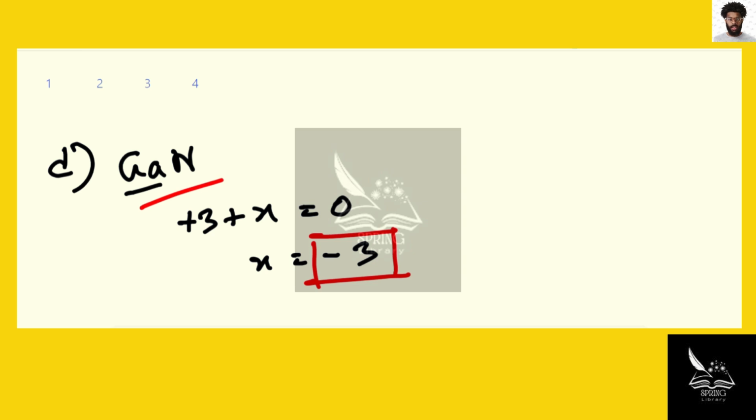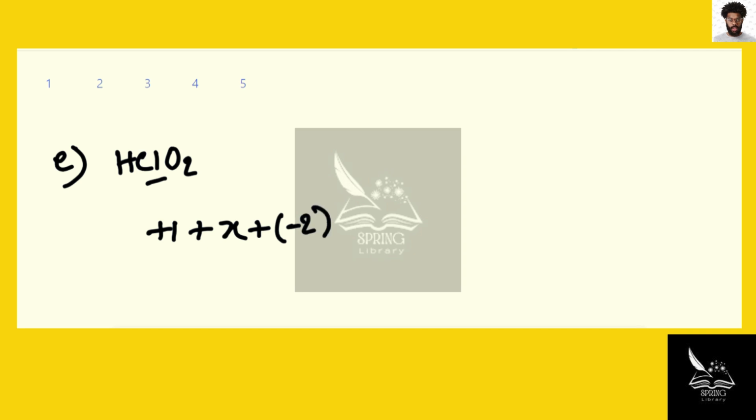Then we have HClO2, and we have to find the oxidation number of chlorine here. As usual, hydrogen has its usual oxidation number of +1, and we have only one hydrogen. Then we take chlorine's as X, and for oxygen it is -2.